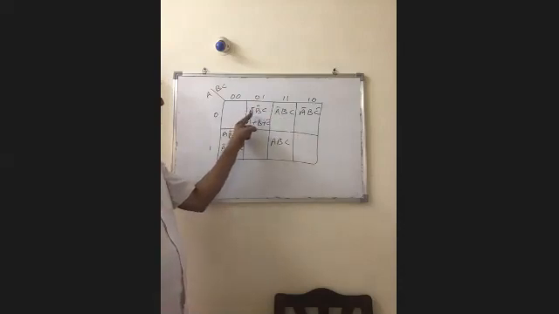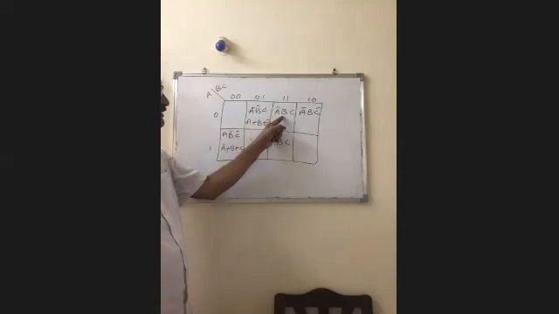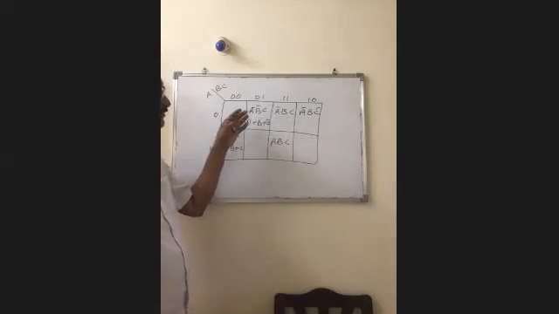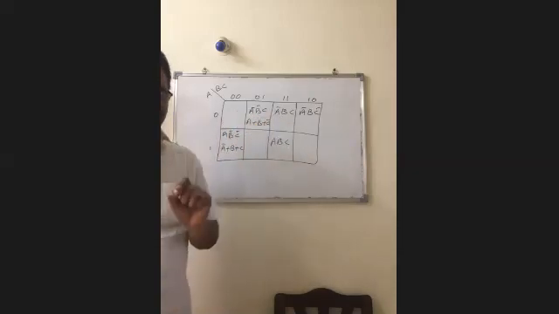Observe the min terms for these two cells: A bar, B bar, C, and here A bar, B, C. Only there is a change in the variable B. From this cell to the adjacent cell, there is a change in only one variable.